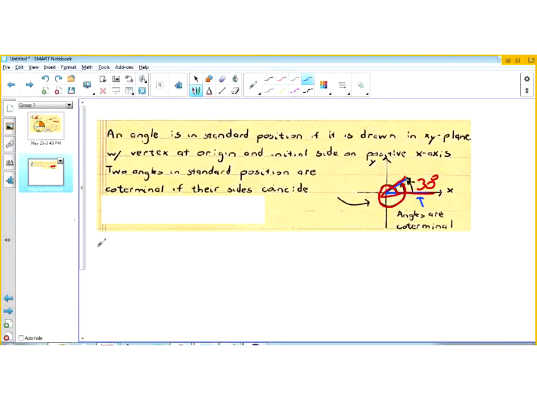So the measure of angle A is equal to, say, 30 degrees, as shown in the illustration, just supposing. And the measure of angle B, the red angle, is equal to 390 degrees.